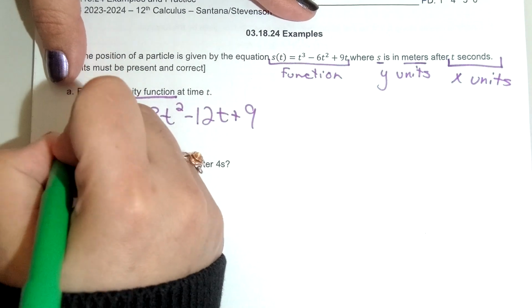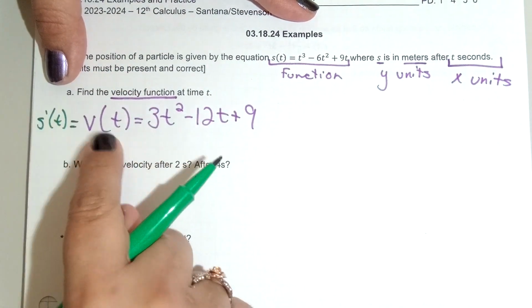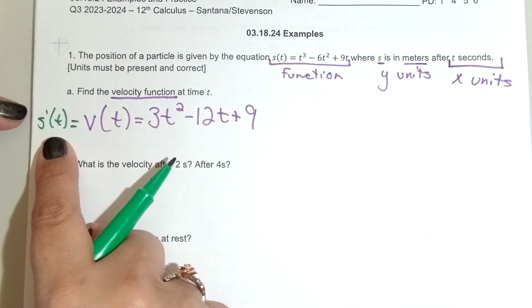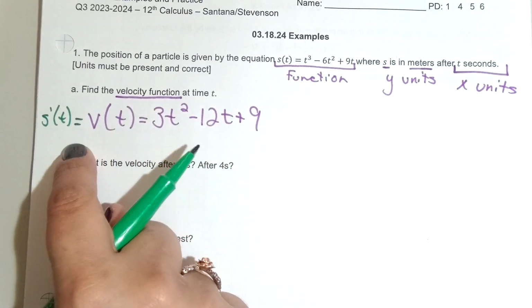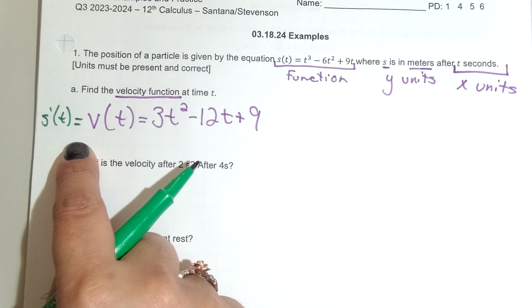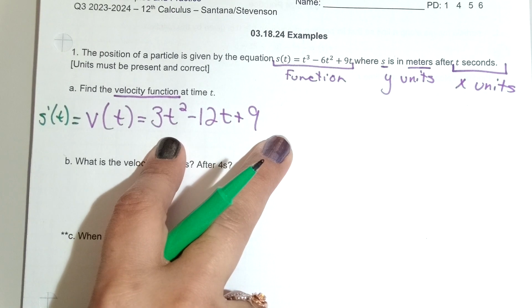Now, if you want to write s prime of t, that's perfectly fine. But you need to also have the v of t. If I see just the s prime of t, you will not get full credit because I'm looking for velocity. S prime of t is not the correct notation for velocity. Are there any questions how I got the derivative? You don't have to write the s prime.